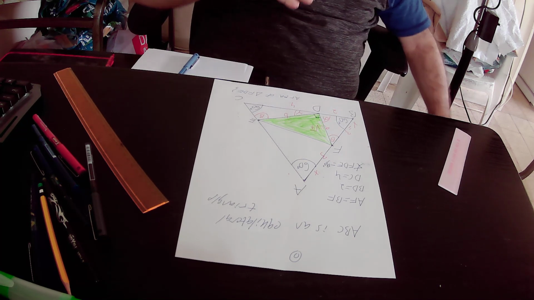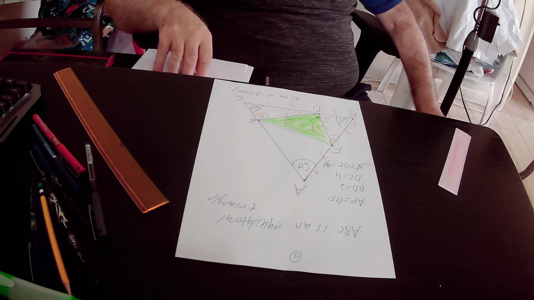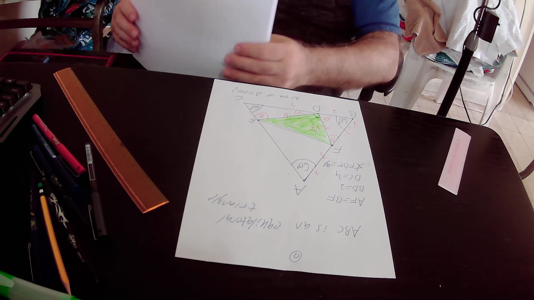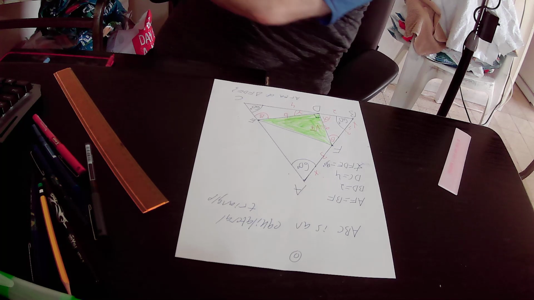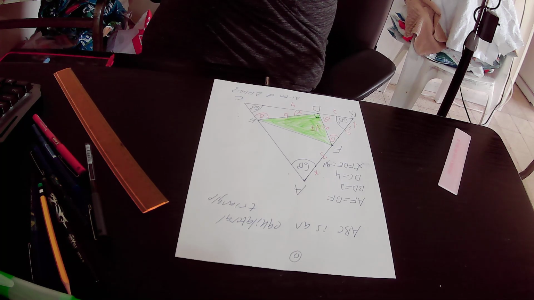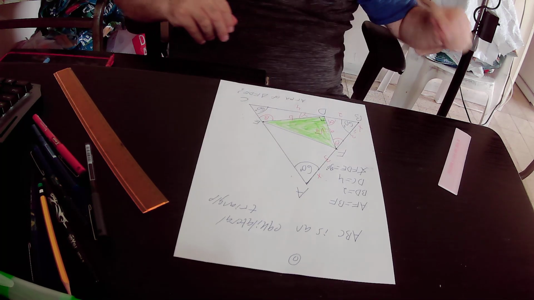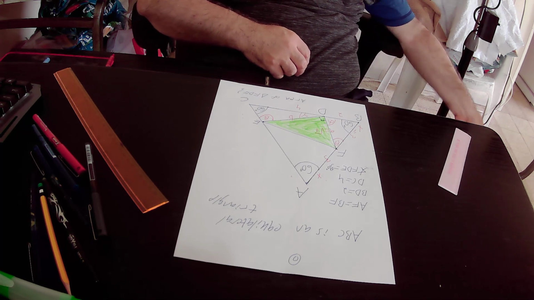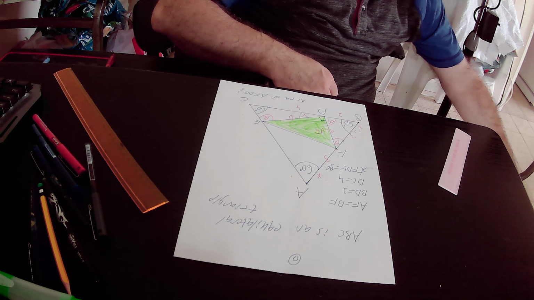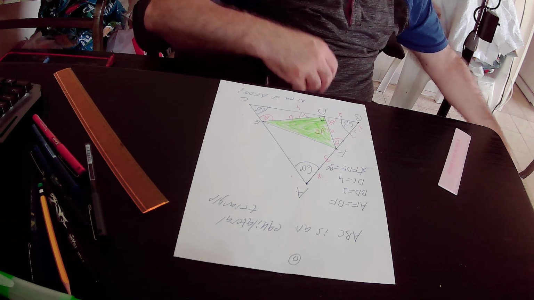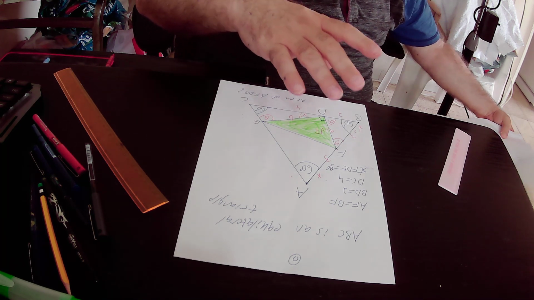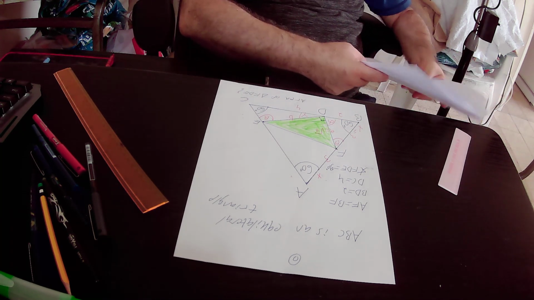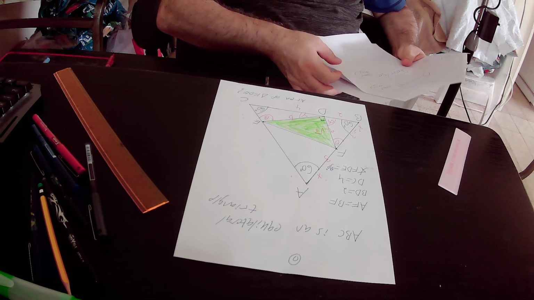Okay, so now I will summarize the lecture. Actually, we wanted to find out the area of the green triangle FDE, and the data that we have in the question is that ABC is an equilateral triangle.